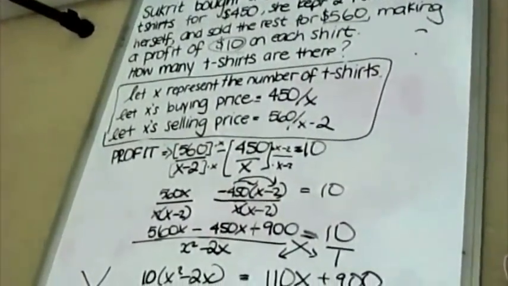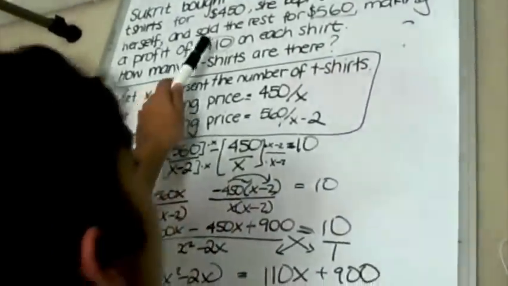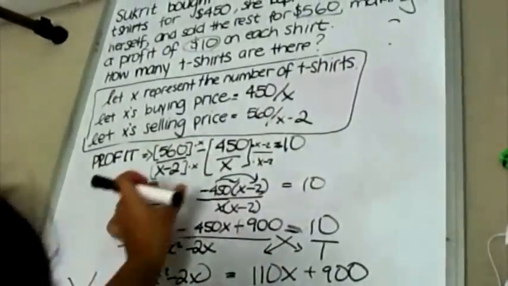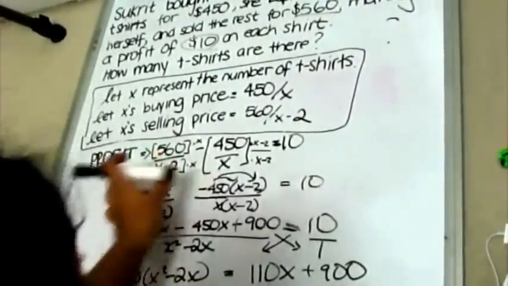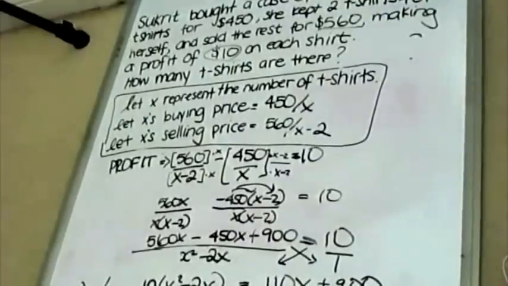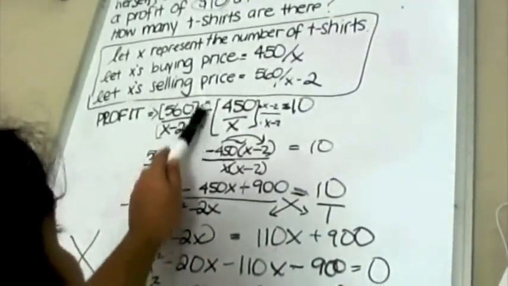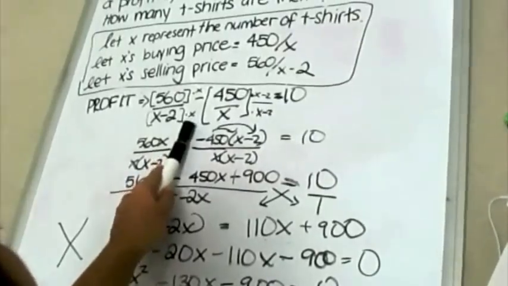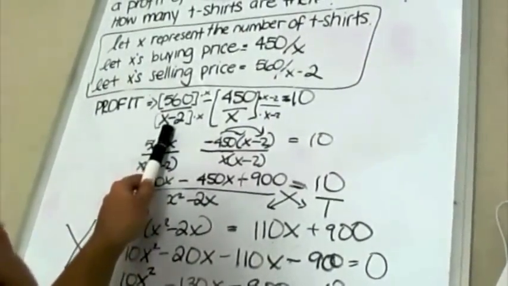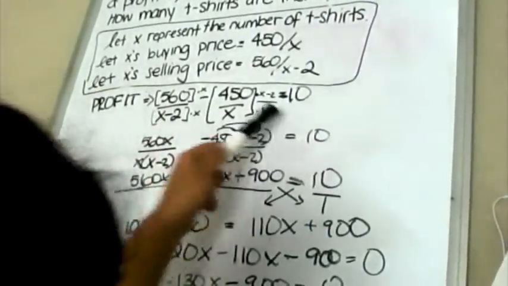So let's define this into our profit equation. We put 10 on one side because I made a profit of $10, and these are the buying and selling prices, and that's a profit equation. Now let's go ahead and isolate for X. What we did here is find a common denominator. The common denominator for this fraction is x, and for this fraction is x minus 2.